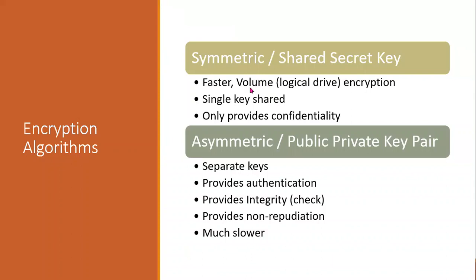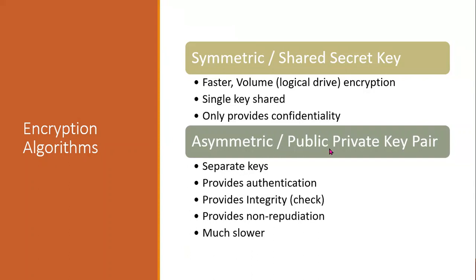You can use it to encrypt a volume or logical drive, and it only provides confidentiality. But one of the issues, of course, is that the encryption key is shared with the message. If a cyber criminal or a hacker intercepts the message, they've got the key to decrypt it as well. So it only provides confidentiality in as much as it is not intercepted.